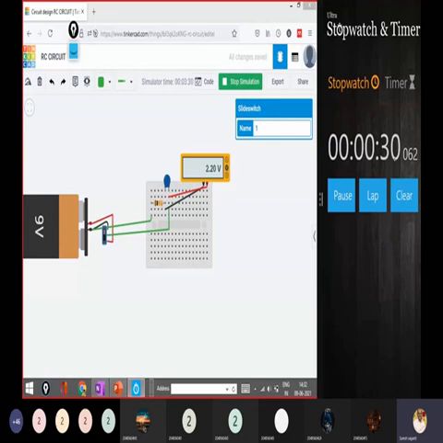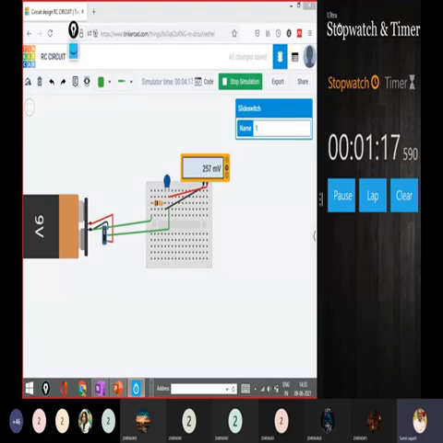Then 2.26. Then 1.45. Then 900 millivolts. Okay. 60 seconds, 552 millivolts. Then 300.